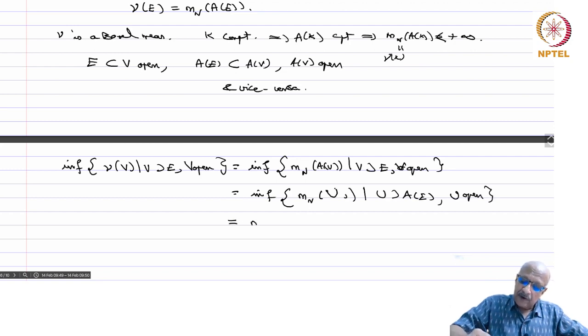And by the properties of Lebesgue measure, this is Mn of AE, which is nu of E.